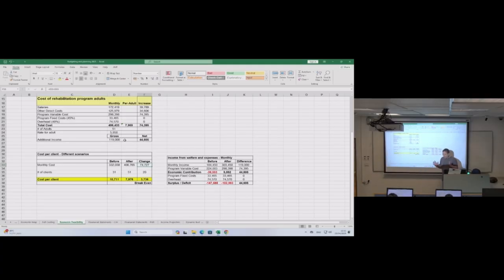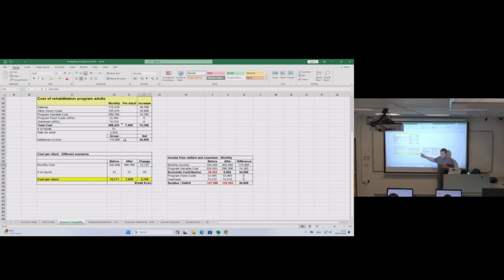So this is called the break-even, or the incremental cost of one client. And basically what it shows us is the break-even price that the organization can or will agree to receive in order for that proposal to be feasible, to receive the go decision.